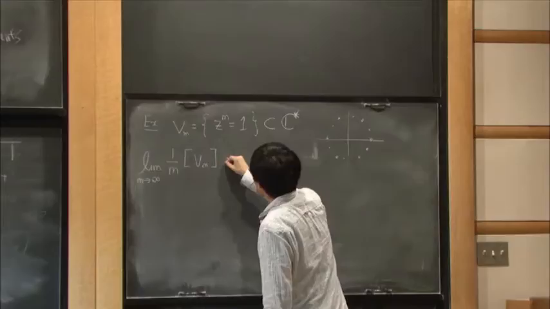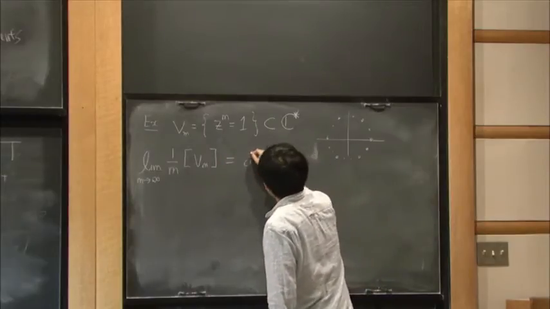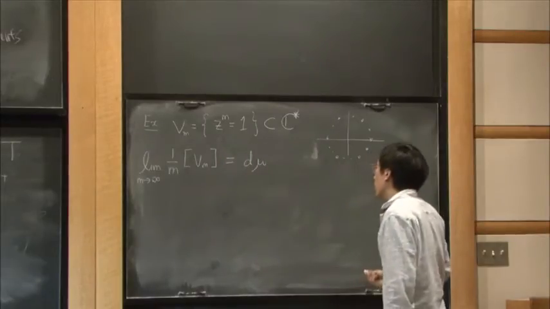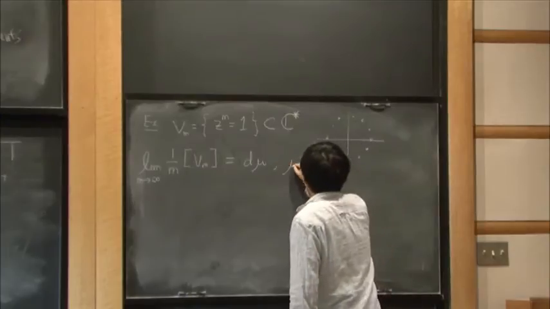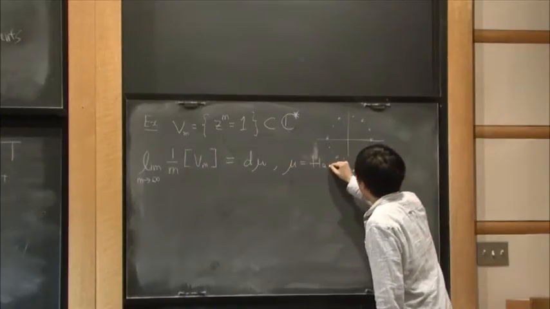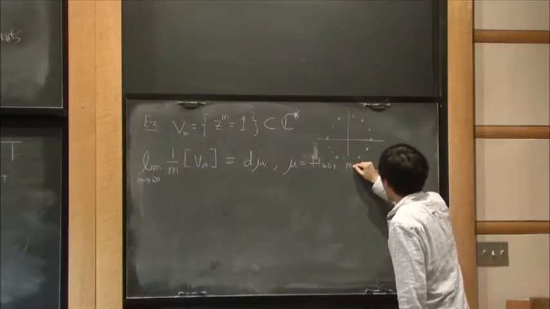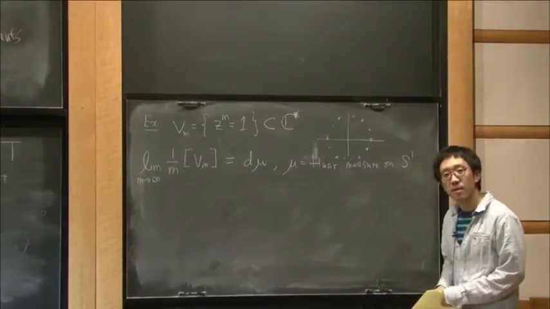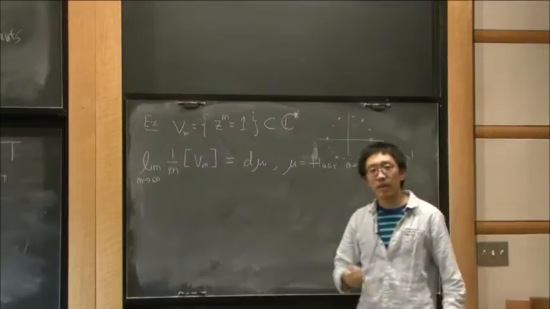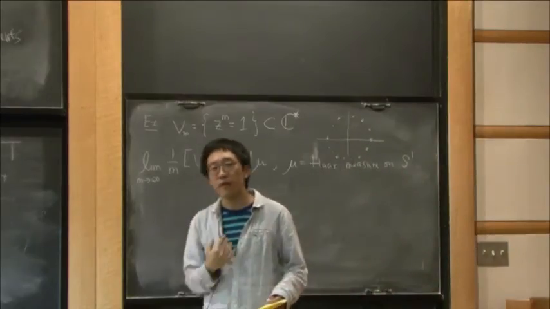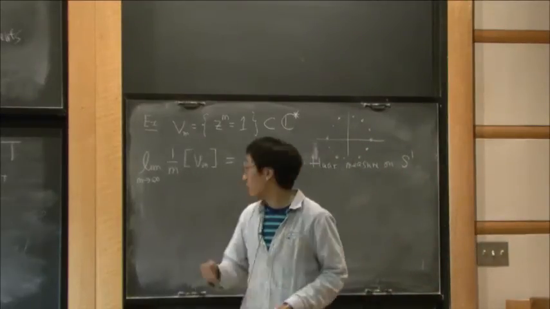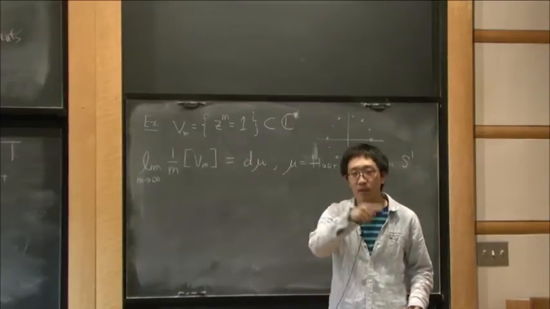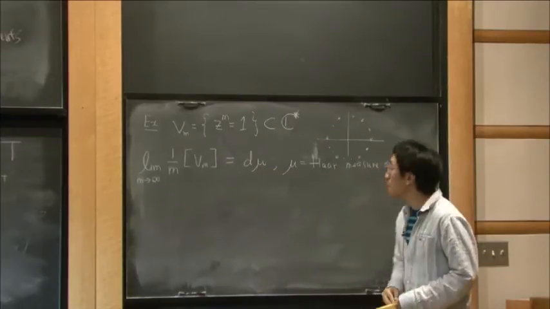So the limit of this current is clearly mu, where mu is the Haar measure on S^1. The limit current says that if you give me a function, the value under that current would be simply the integral over the unit circle.